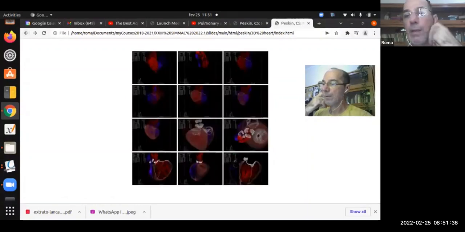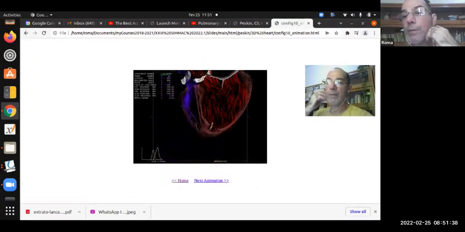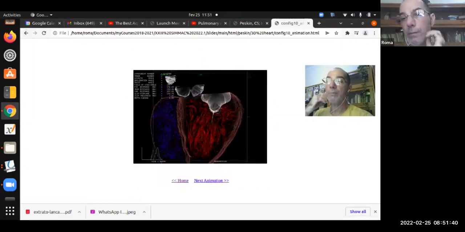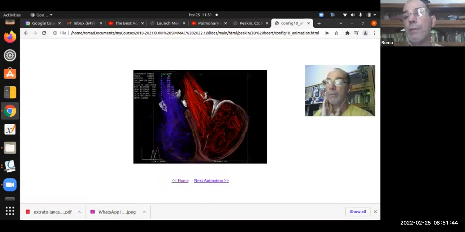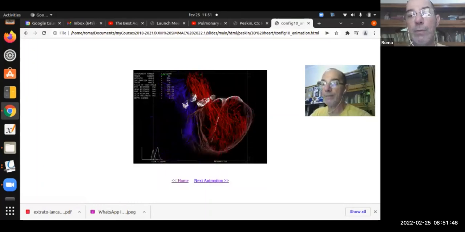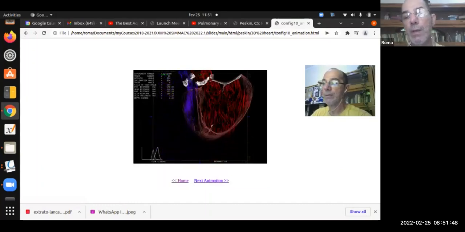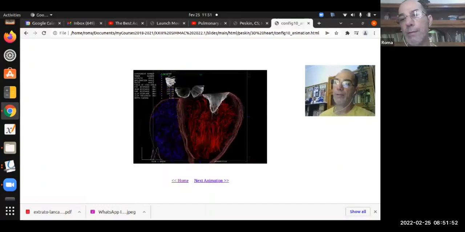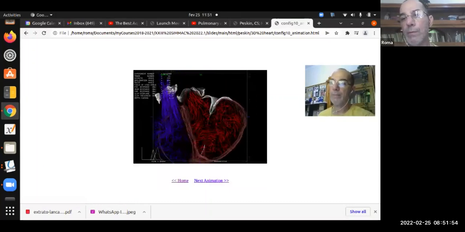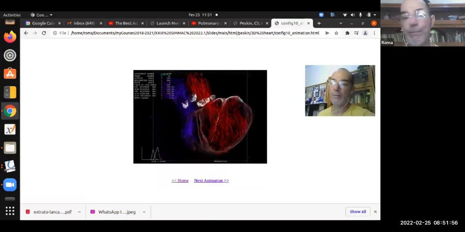This takes many hours, many days of supercomputing, okay? This is very computationally intensive, right? So here you see valves and the heart chambers and pumping, and you're ejecting the flow and everything, okay?